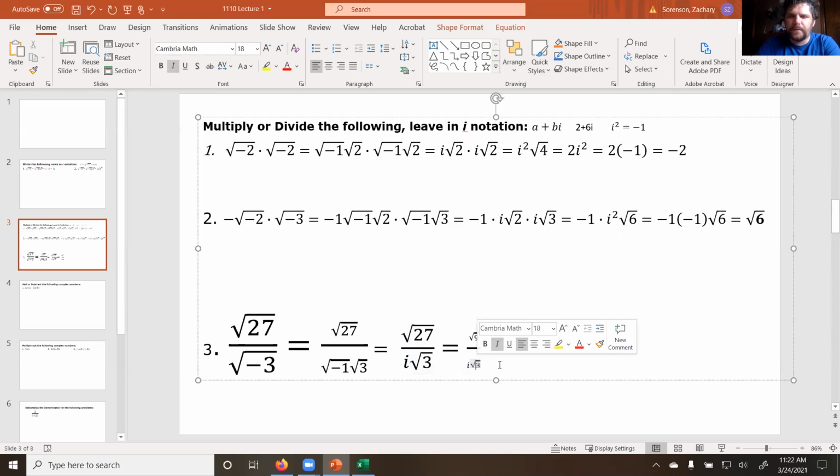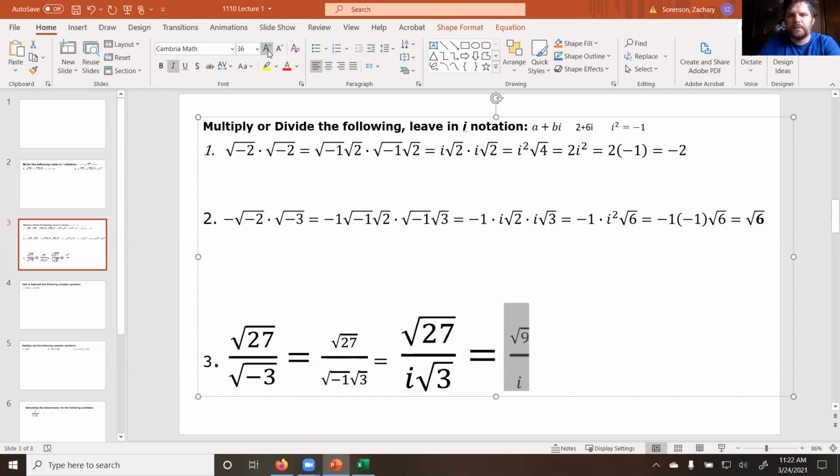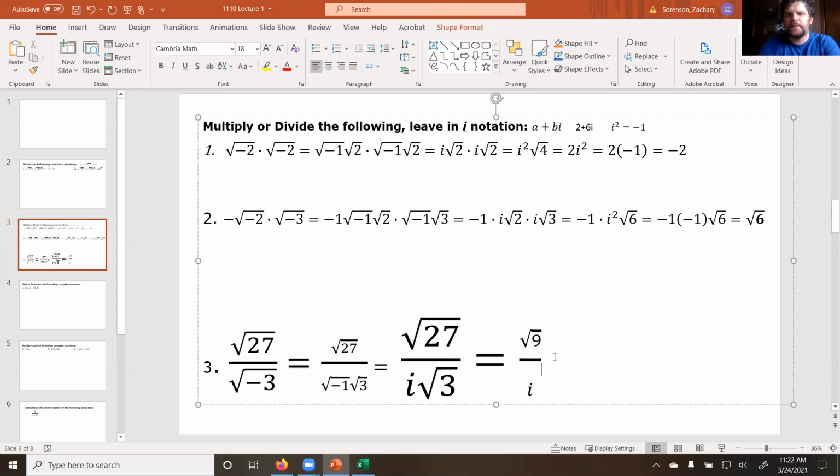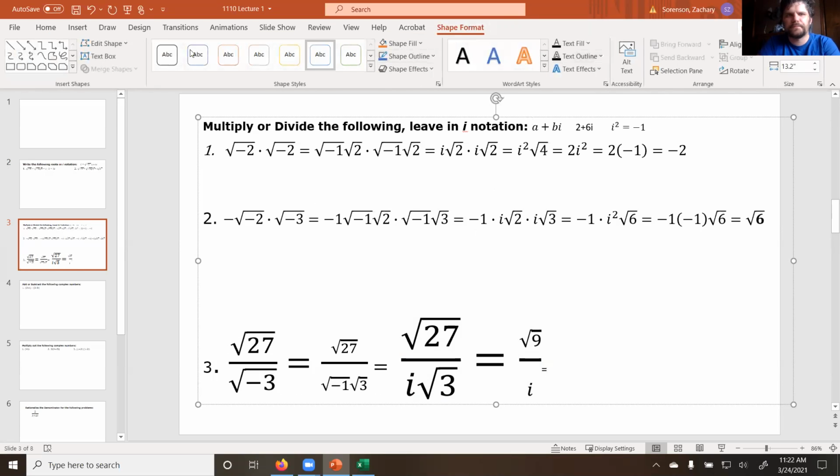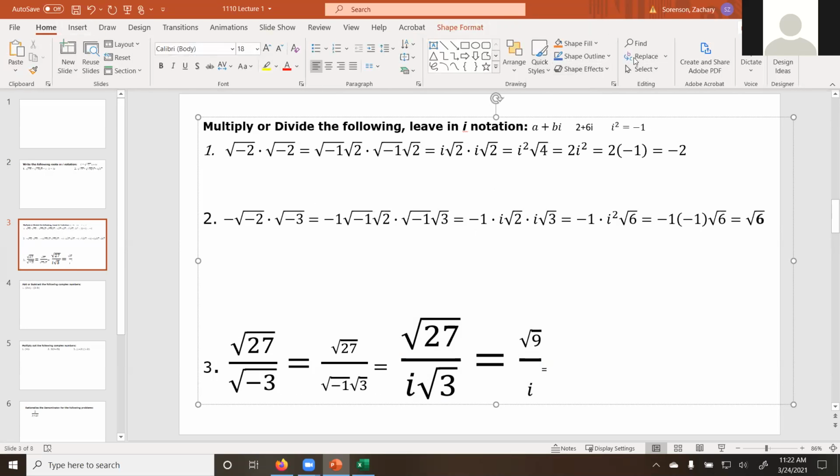The square root of 3 goes away on the bottom. So then I have the square root of 9 over i. What's the square root of 9? 3. Cool.